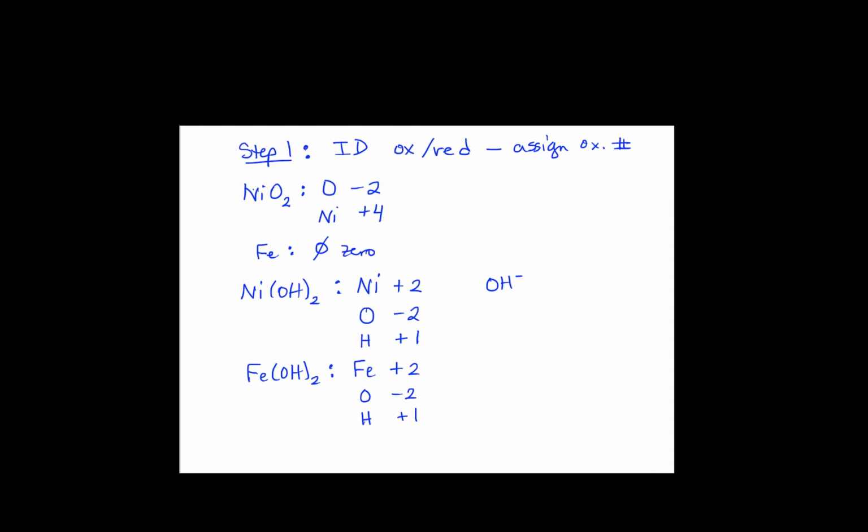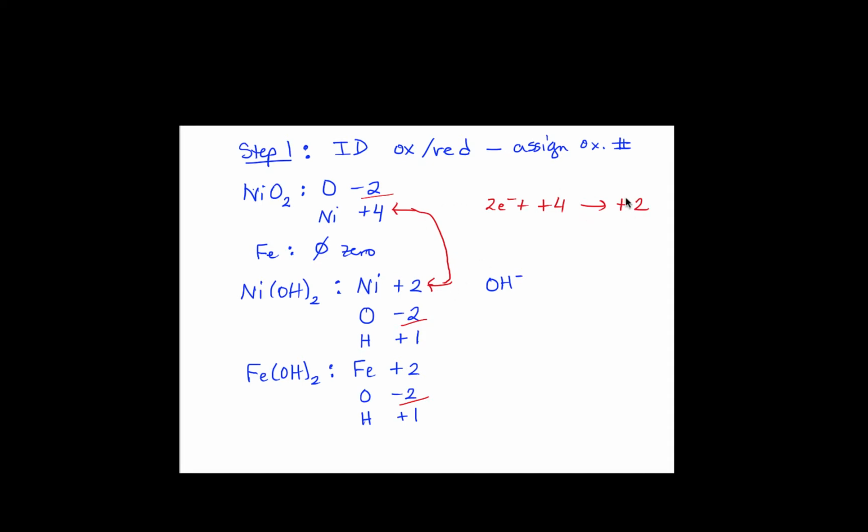So if I look at identifying what's oxidized and what's reduced, once again, I want to look at the changes. So if I look at oxygen here, it's -2, -2, -2, that didn't change. Nickel, +4 right here to +2. Okay, so this did change. And if I go from a +4 to a +2, I do that because I added 2 electrons to become less positive.